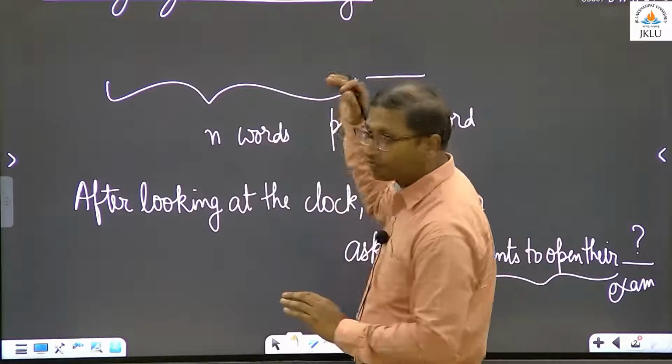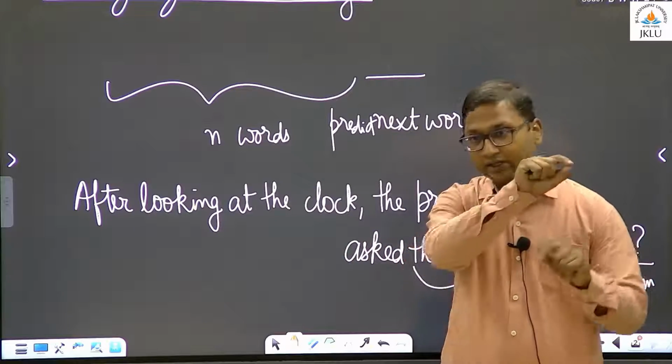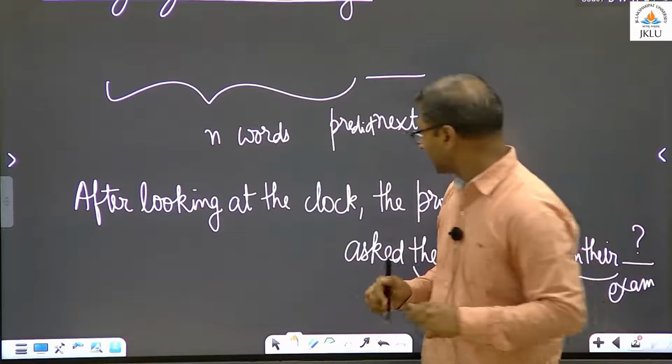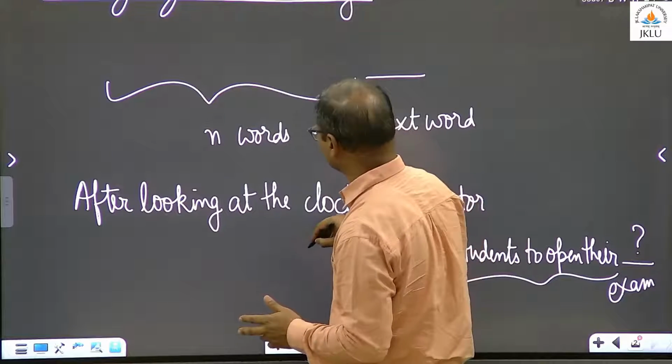So the problem of language modeling is to decide the next word in the sequence. And how do we define this formally? How will we solve it? Tell me.